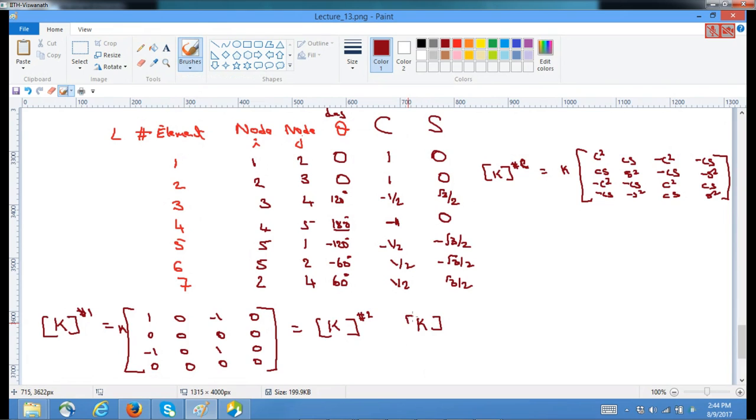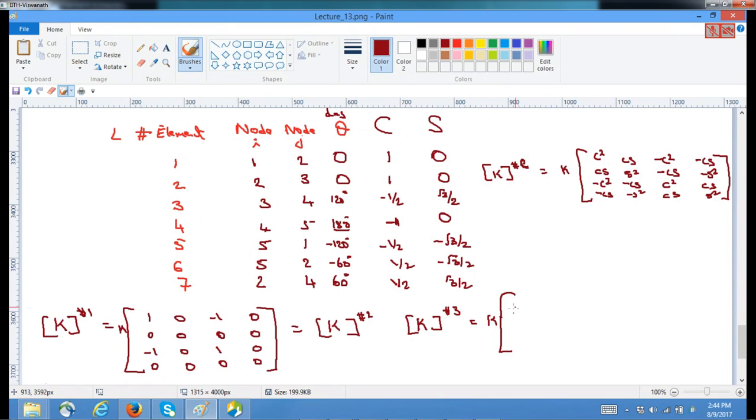K for element 3 is written as small k times, my C is minus 1 by 2.